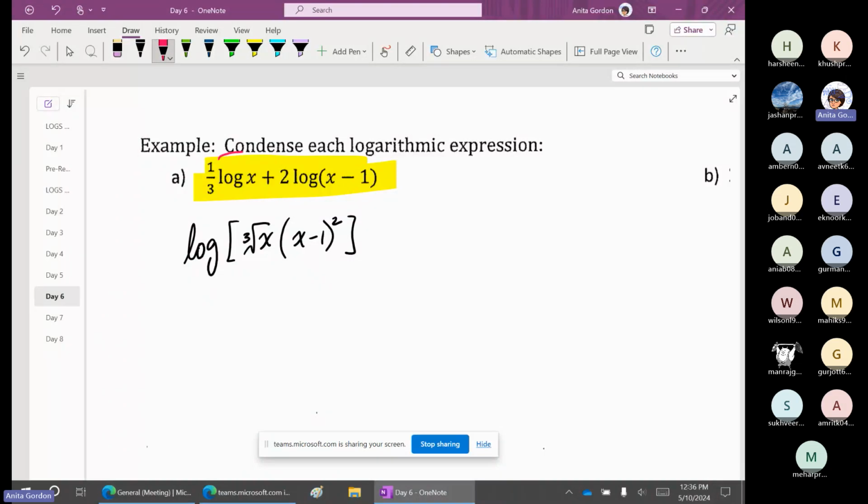Right? Your coefficients become the exponents and your pluses become a product or multiplication. So that is as condensed as this one can get.